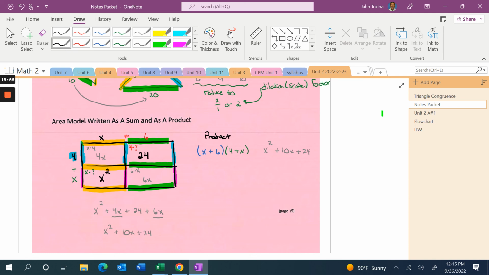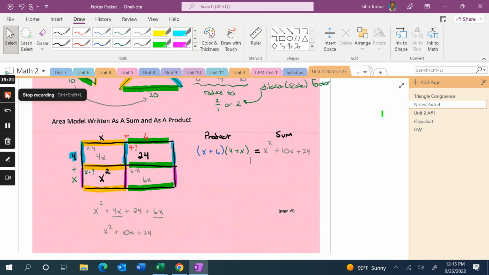Okay, so I have now expressed my area model written as a sum and as a product, and what we're saying is that these two values are the same. So if you took x plus 6 in parentheses and multiplied it with 4 plus x in parentheses, it would equal x squared plus 10x plus 24. Okay, there we go. There's your notes for Unit 2, assignment number 5.